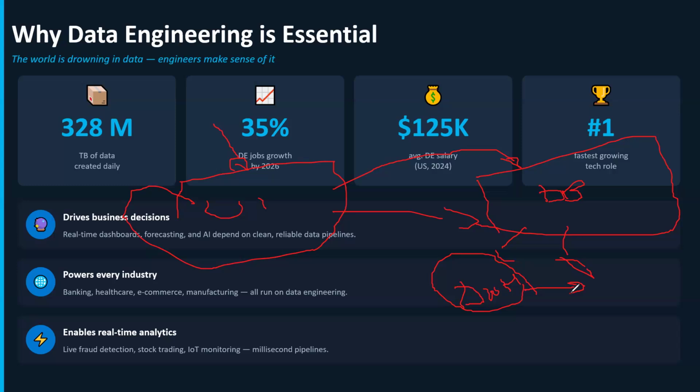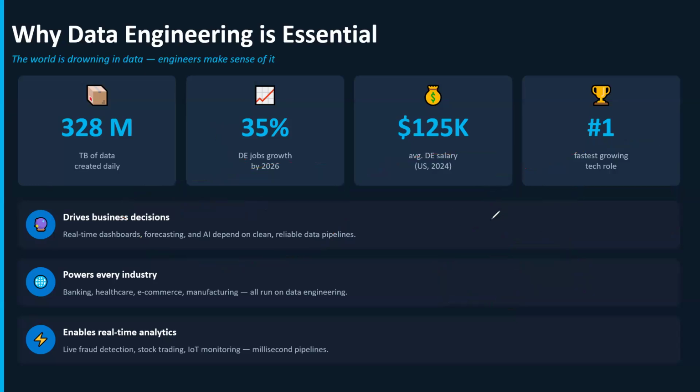So what exactly does the data engineer do? As I told, everything is getting digitalized, everything is becoming cloud adapted, so you'll be getting so much data. If I talk about something like Apollo Hospital, say suppose, Apollo Hospital will have multiple systems. It's not tied to a single system.